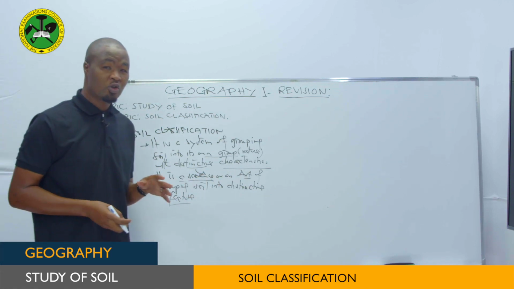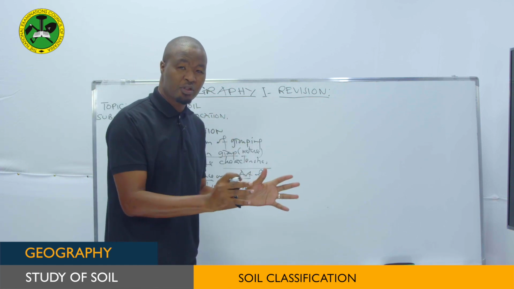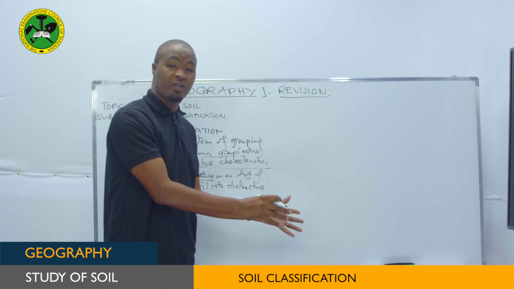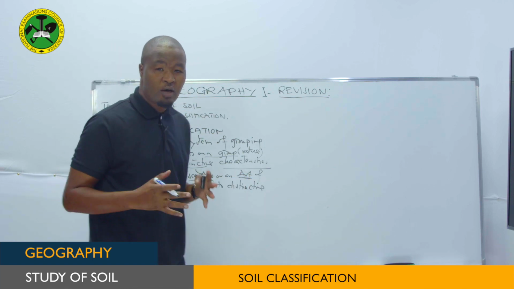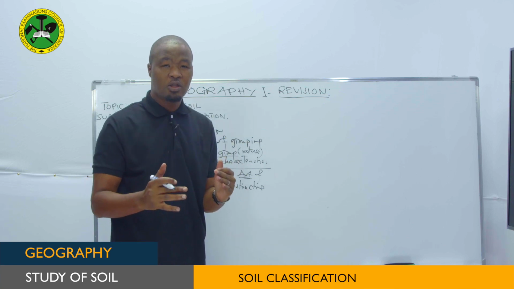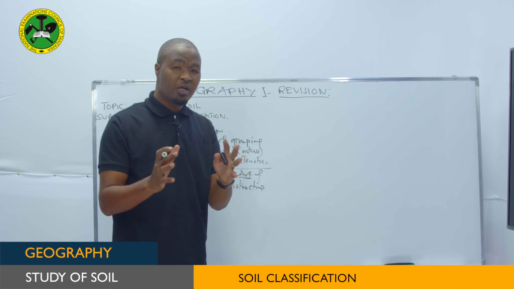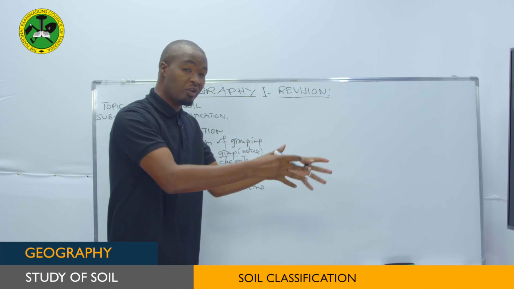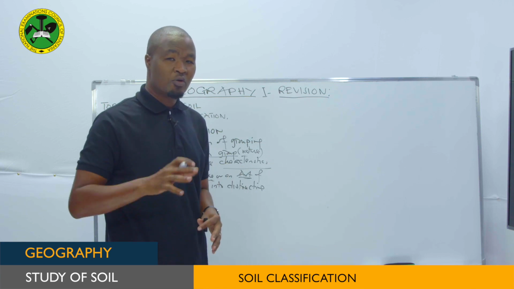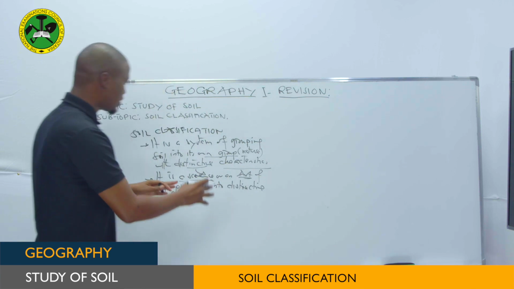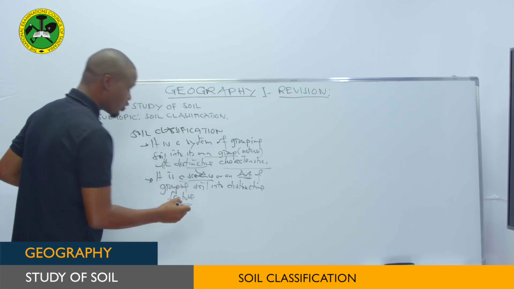It is a science because we have to follow the systematic procedure of grouping soil scientifically. It can be an art because you have to use knowledge in a skillful way in order to obtain a certain soil and put it into its own group with distinctive features different from other groups.